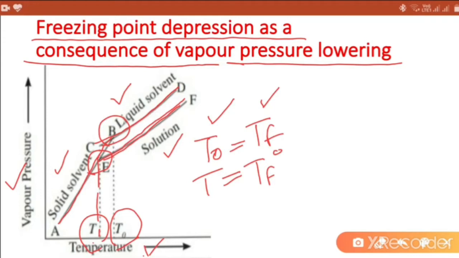Freezing point of solution is lower than freezing point of solvent. T0F is greater than TF, and the vapor pressure curve of solution lies below the solvent curve.